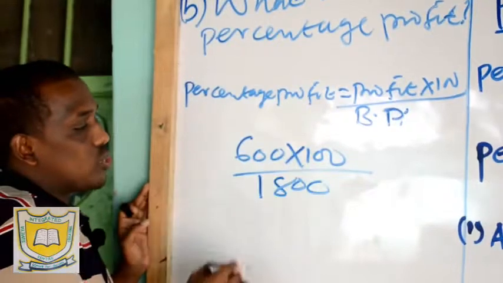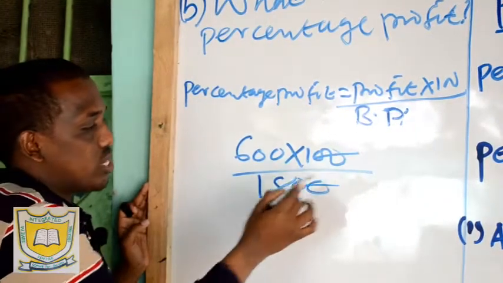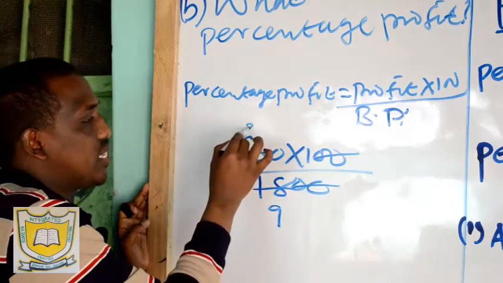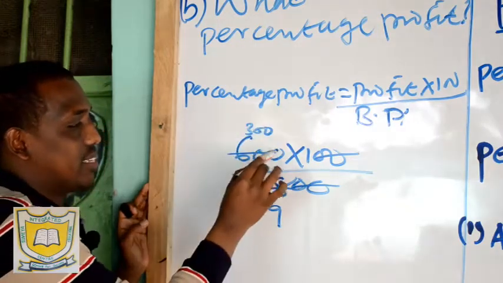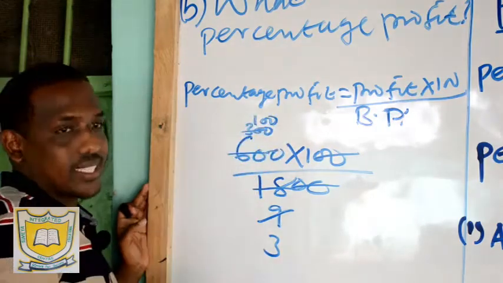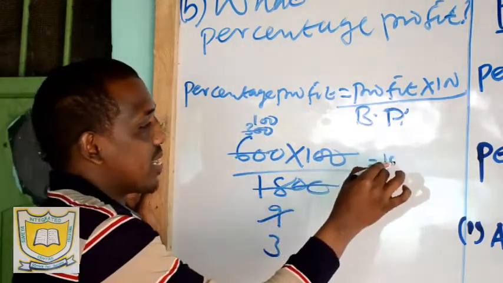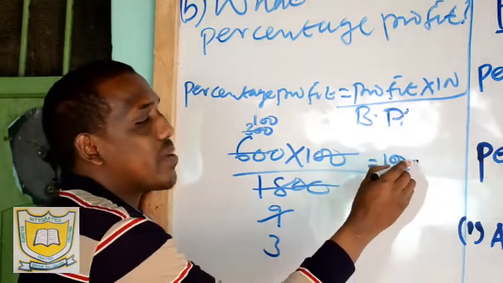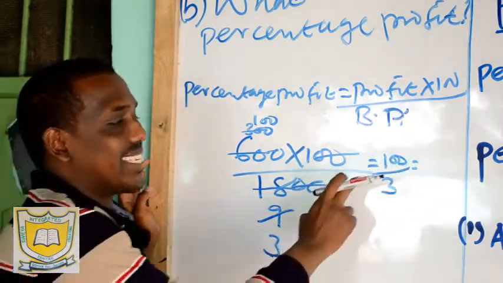So now we do this. The two zeros will go with this. By 2, 9 by 2, 300. By 3, 3 by 3, 100. So here remains 100 over 3. Then we divide now. How many threes are in 100?